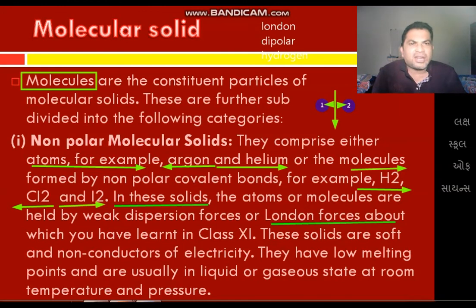These solids are soft non-conductors of electricity. They are also non-conductors of heat. Their melting point is low, and as their melting point is low, they behave as a gas at room temperature.